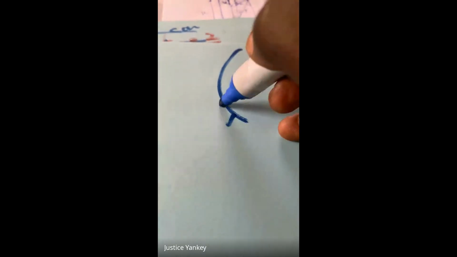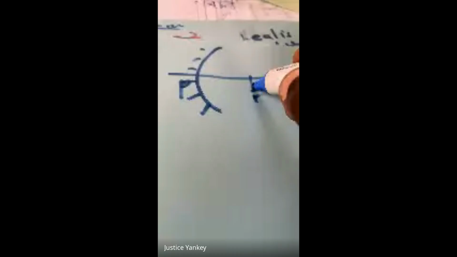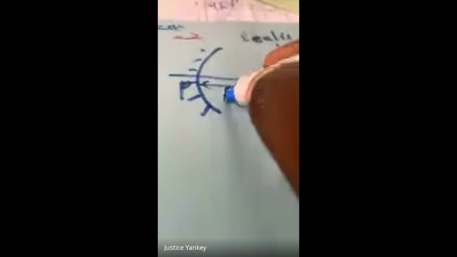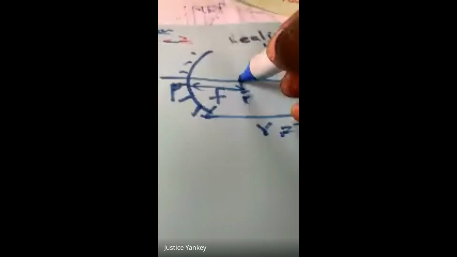Here's a concave mirror, and here is your C. Midway between C and P is your F. So this distance is your focal length. And this point is exactly between P and C, twice F.